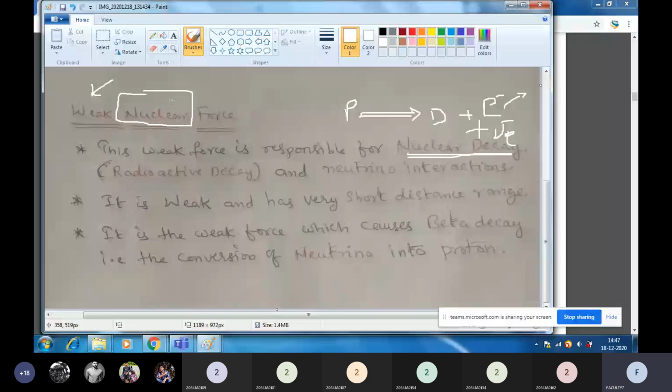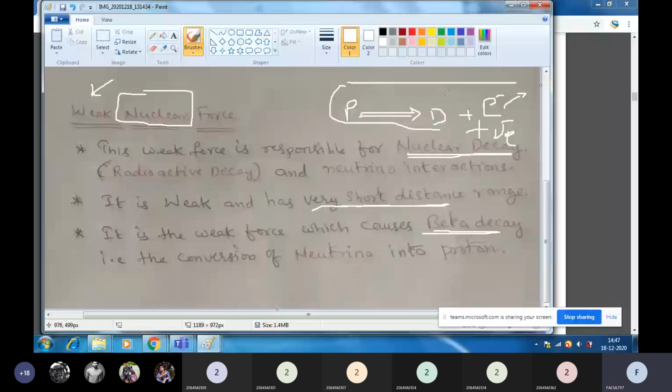Similarly, here the distance is of very short range. Again, it is going to cause beta decay, converting neutrons into protons, equations you might have seen in your intermediate. Those beta decay or radioactive decay processes depend on the weak nuclear force.